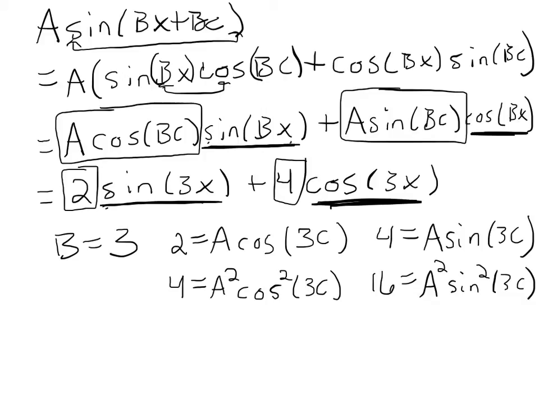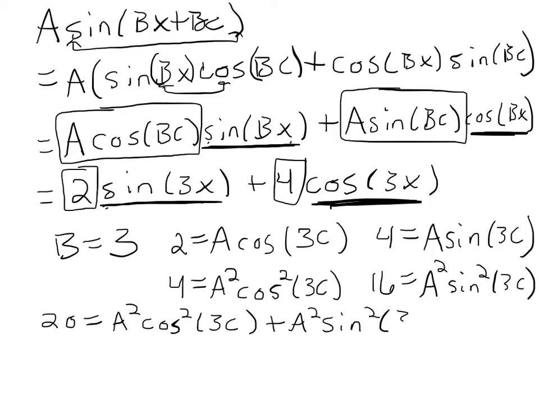I'm going to add the left-hand sides together, and I'm going to add the right-hand sides together. So what does that give me? That gives me 20 equals a squared cosine squared of 3c plus a squared sine squared of 3c. So I just took the left-hand sides and added them together, and then I did the same with the right-hand sides.